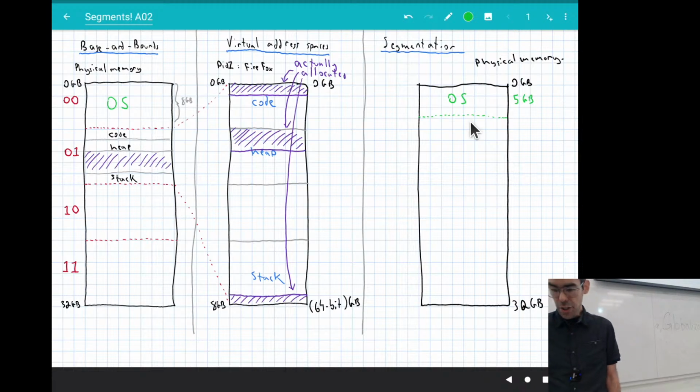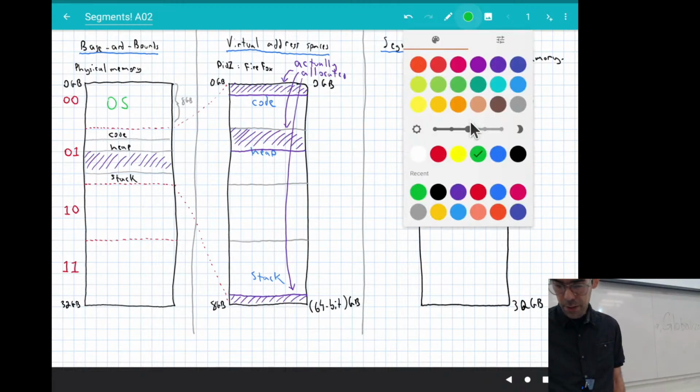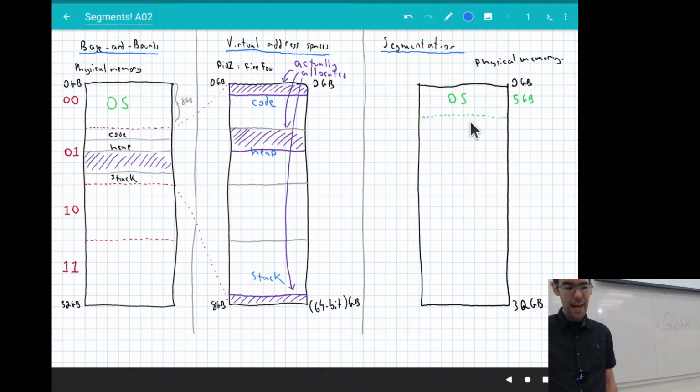With segmentation, what we are going to do is allocate the segments that are actually used by the process by partitioning my virtual address space. Where I had been partitioning my physical address space over here with base and bounds, I'm now going to be partitioning my virtual address space, and I'm going to partition it in the same way.